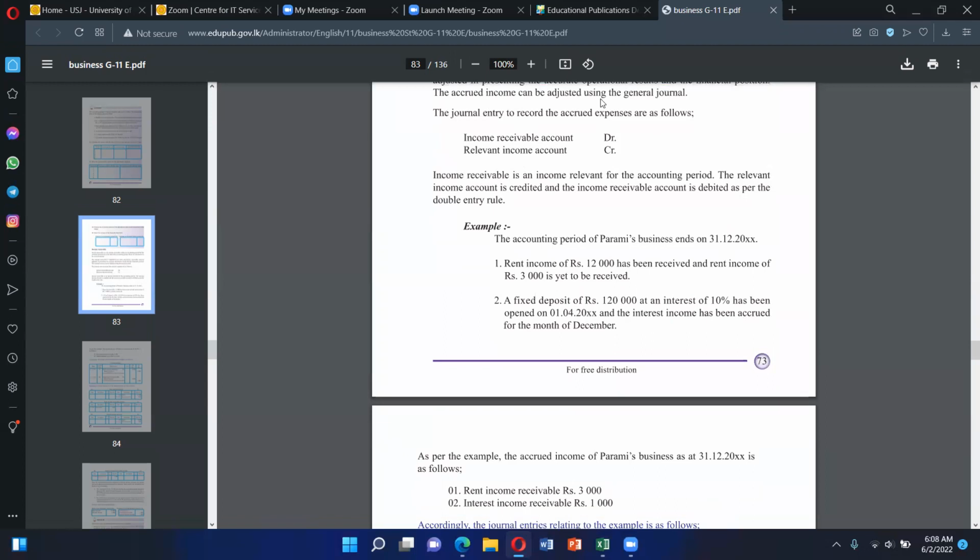Okay, Mehansa, can you read the examples here? The accounting period of Pyramis business ends on 31st December.